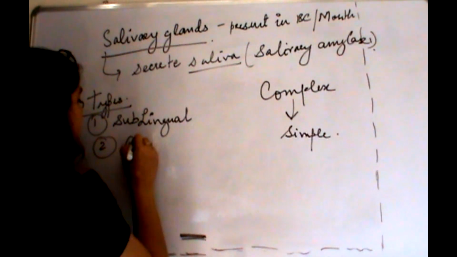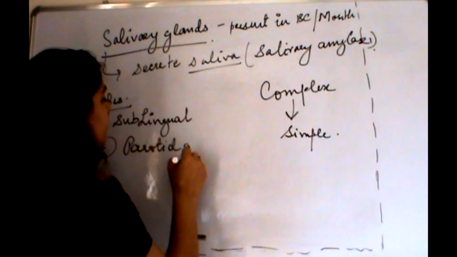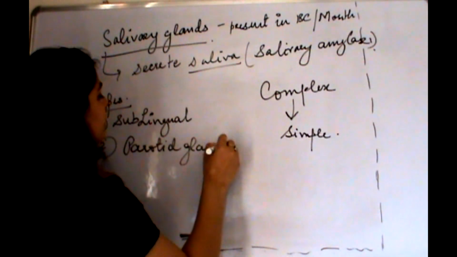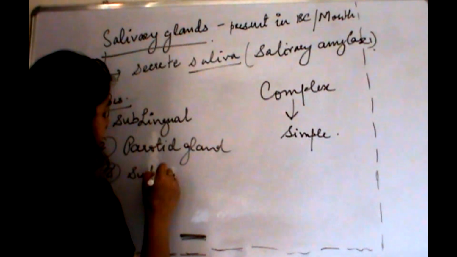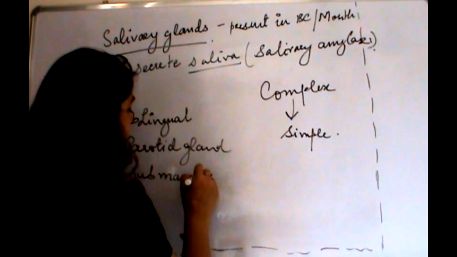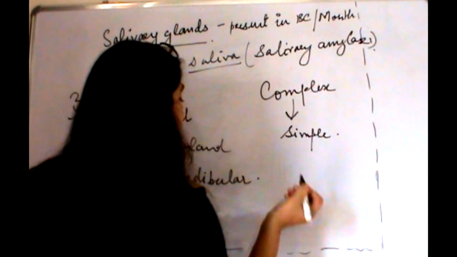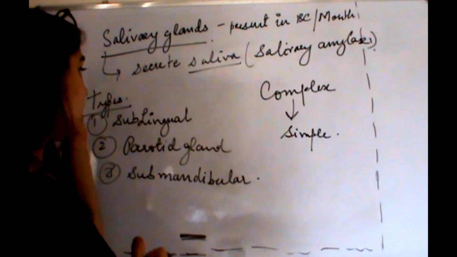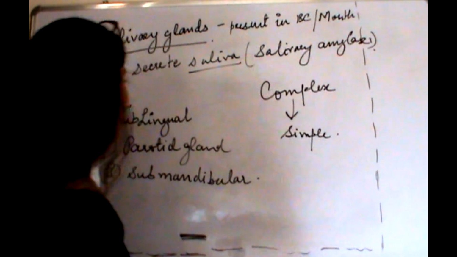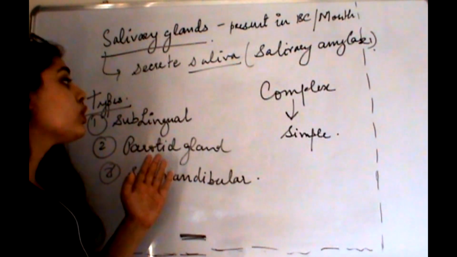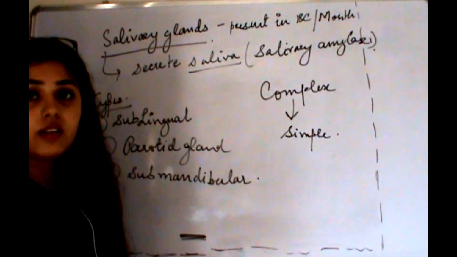Second is the parotid gland, and the third one is the submandibular gland, right? So these 3 glands are known as the salivary glands, and they are named according to the place where they are present.